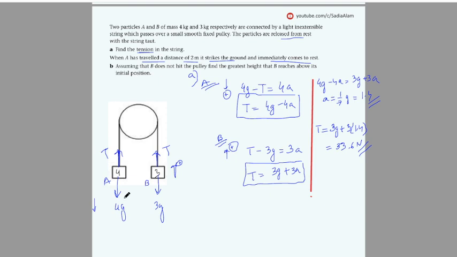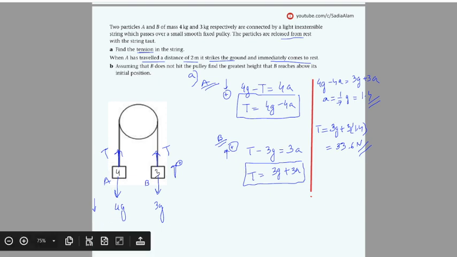So they're talking about particle A, that if that's the ground level, particle A will move 2 meters, and it will hit the ground and come to rest.